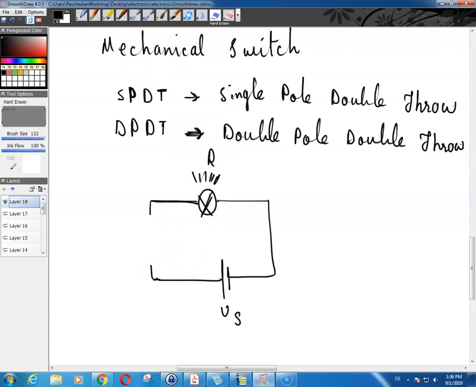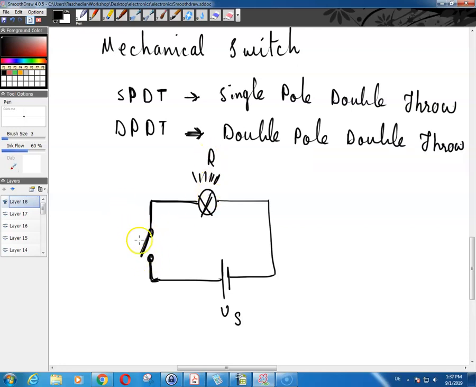Now suppose that I put a switch over here, and the switch is usually drawn like this. Whenever these two contacts are connected, the lamp is on.